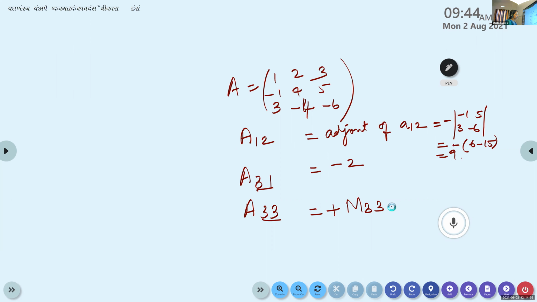M33, then. I think she can't join. Okay. Femina, what is the answer, Femina? M33?